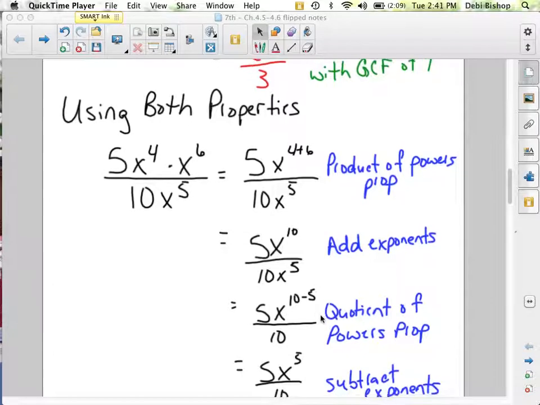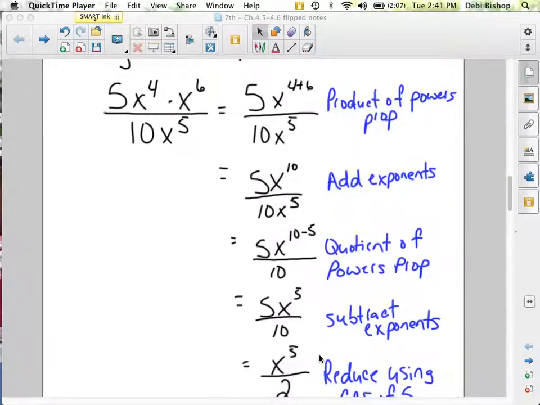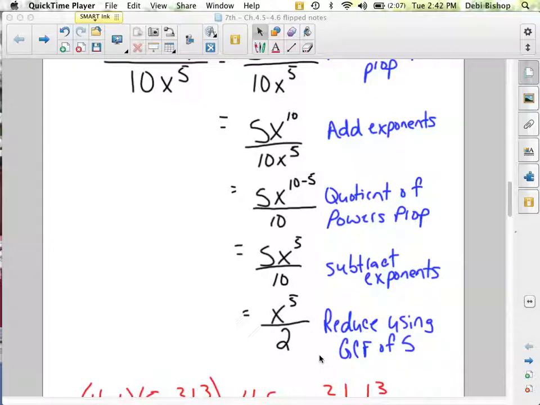Then I take my quotient of powers property because I want to combine my denominator x's and my numerator x's, and I have 5x to the 10 minus 5 divided by 10. That subtraction of the exponents gives 5x to the 5th divided by 10, and then I reduce my fraction with my GCF of 5, so divide numerator and denominator by 5, and I get x to the 5th divided by 2.